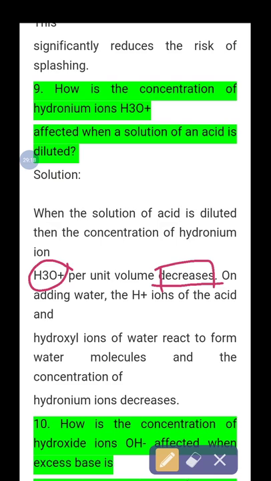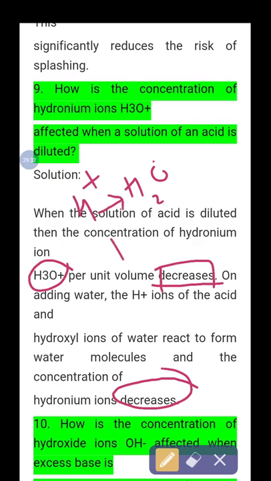The hydrogen ion of the acid and water react, H+ with H2O makes H3O+, that is the hydronium ion, so the concentration of hydrogen ions decreases. Okay, now the next question.